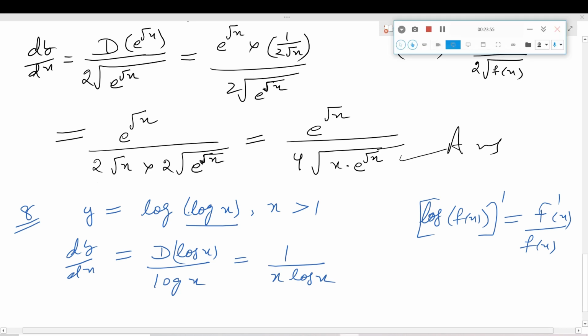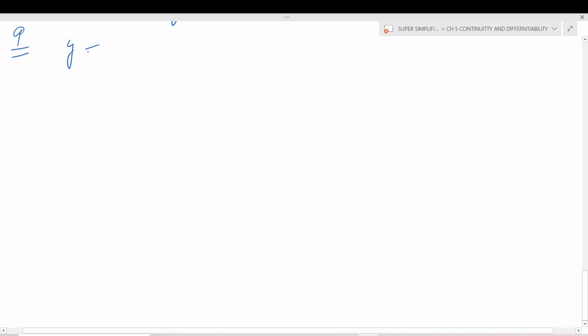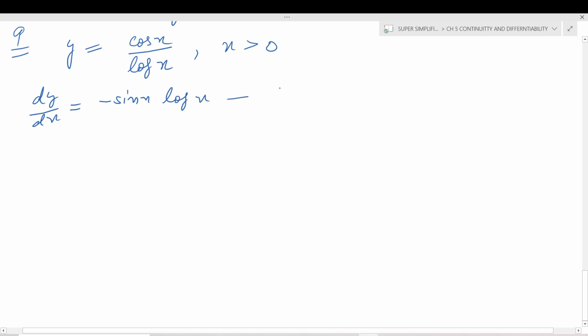Question number 9. y is equal to cos x upon log x, where x is greater than 0. So apply the quotient rule. dy by dx will be the derivative of cos x, which is minus sin x, into log x, minus the derivative of log x, which is 1 by x, into cos x, divided by log x whole square.